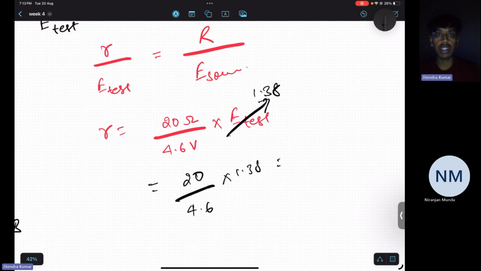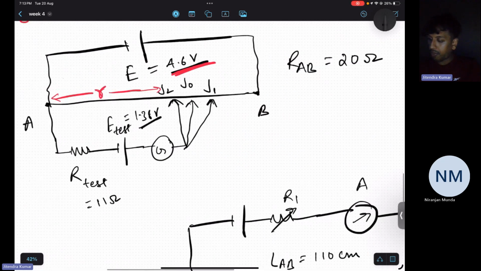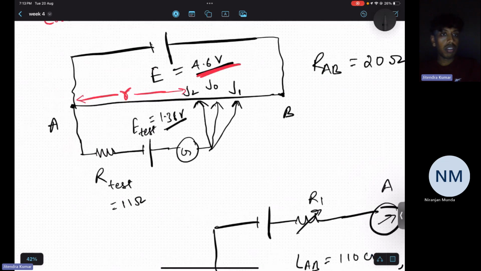If you calculate 1.38 divided by 4.6, nothing but 6. So the R value will be 6, isn't it? So this was the value of R.